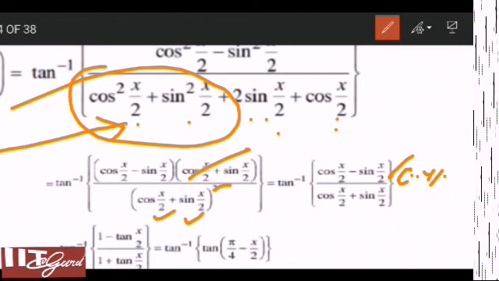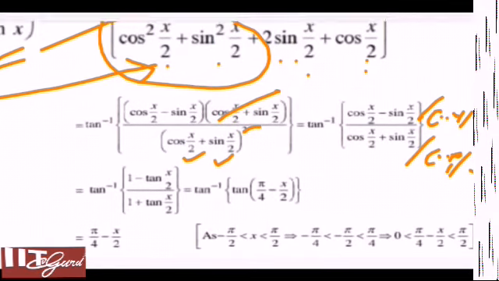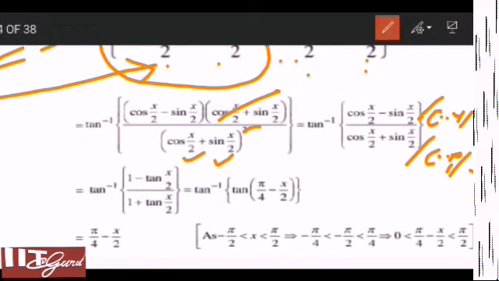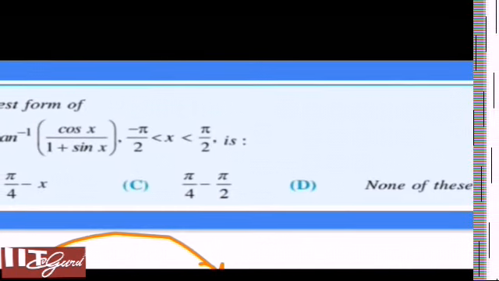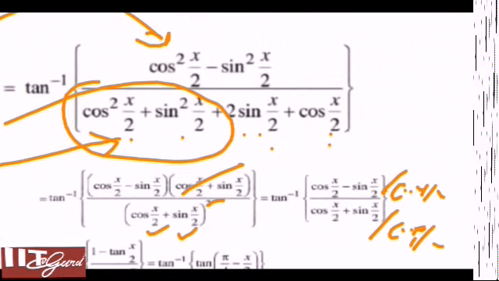So here we have to check how pi by 4 minus x by 2 comes, so we have to make up the result of pi by 4 minus x by 2. Let's see. As x lies between minus pi by 2 to pi by 2, for minus x by 2, x by 2 lies between minus pi by 4 and pi by 4.